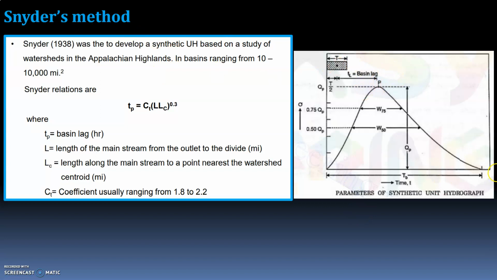You can see this is the figure, synthetic unit hydrograph, time versus discharge. This time is in T hours, discharge Q, and it is measured at 0.5, 0.75 QP and QP. This distance is W75 and this is W50.